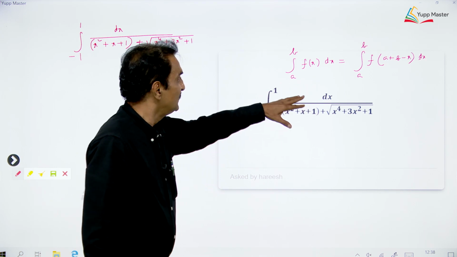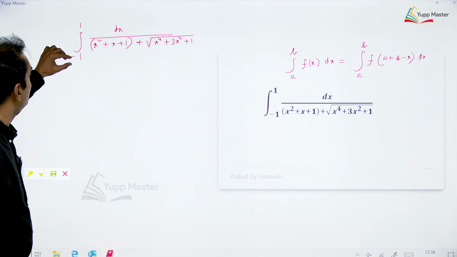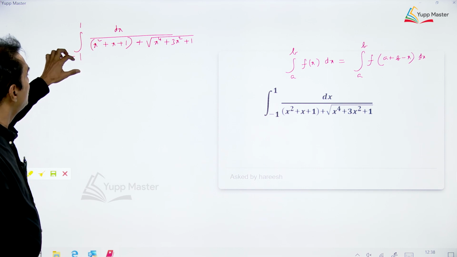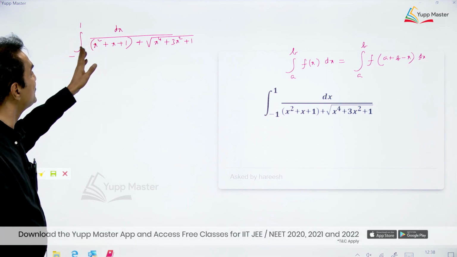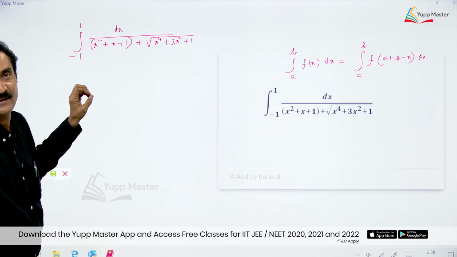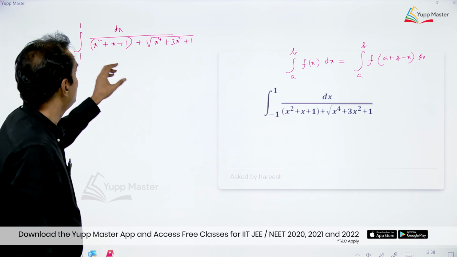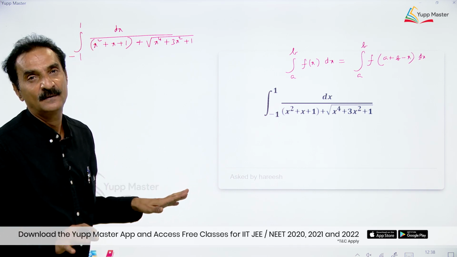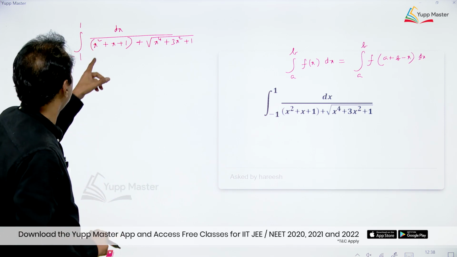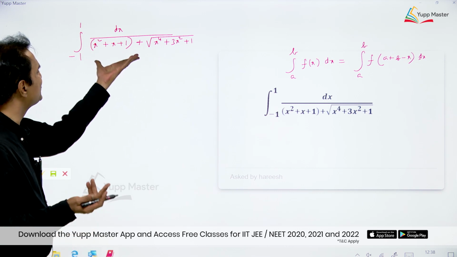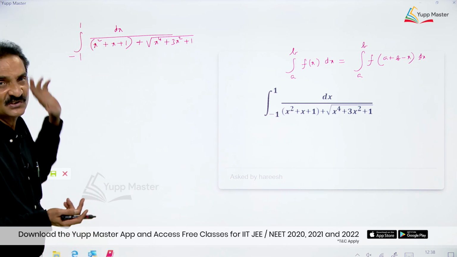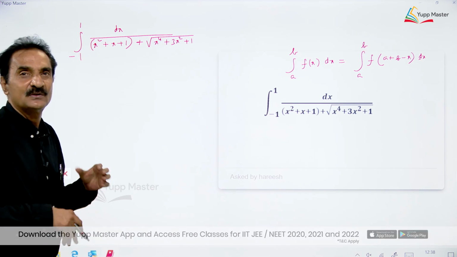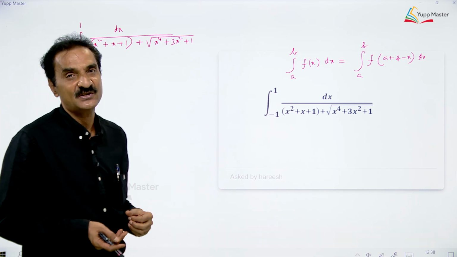This one, what is this one? A plus b minus x means minus 1 plus 1 minus x, which means minus x. You can replace x by minus x, but the function remains the same, only x changes to minus x. There is no use. So, let us first try the rationalization method.